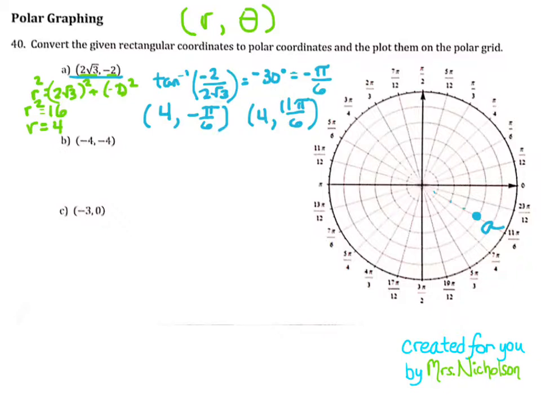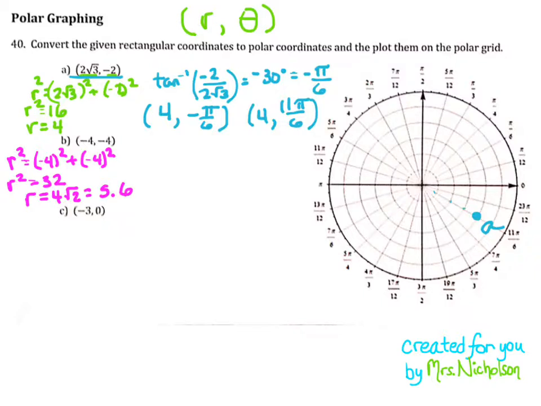All right, for part B, we're going to do the same thing again. The radius squared is going to be equal to negative 4 squared plus negative 4 squared. r squared equals 32, and r equals 4 square root of 2 if we just simplify, but actually a decimal would probably be better for us for graphing.